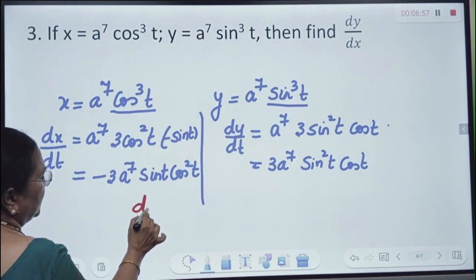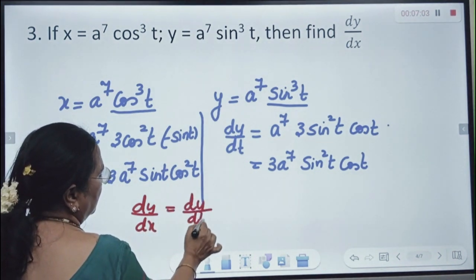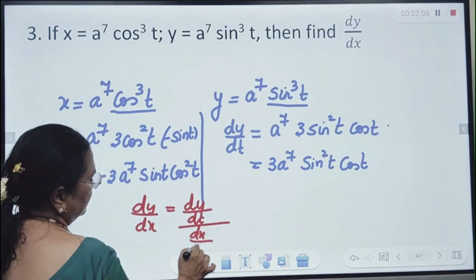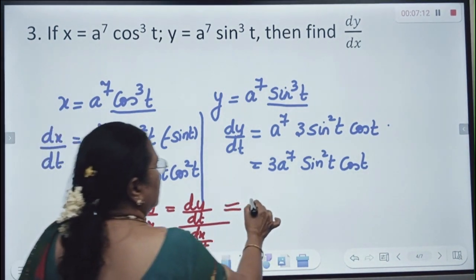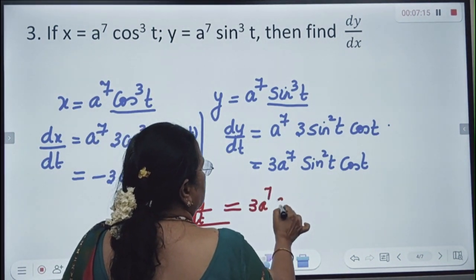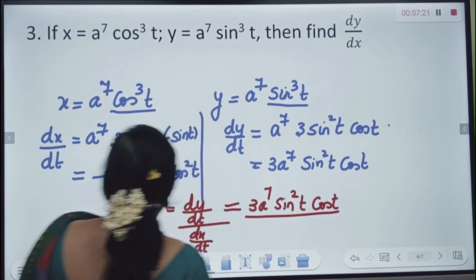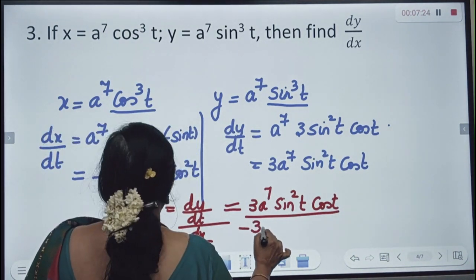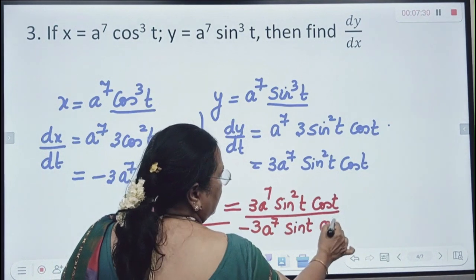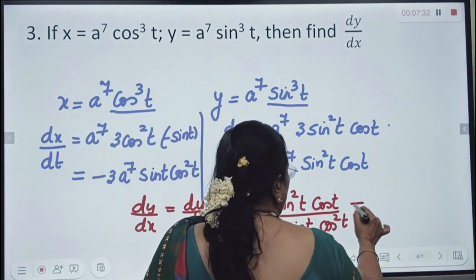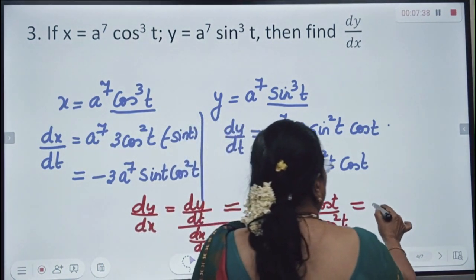Now dy by dx equal to dy by dt by dx by dt. This will be 3a power 7 sin square t cos t divided by minus 3a power 7 sin t cos square t, which is equal to, your a power 7 gets cancelled, 3 gets cancelled, there is a minus sign.